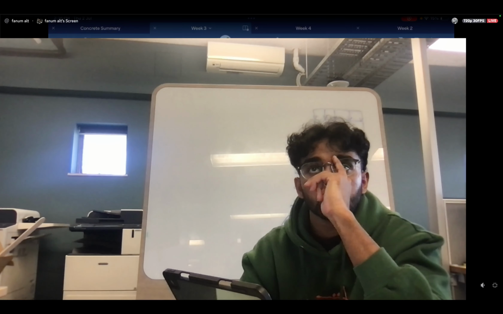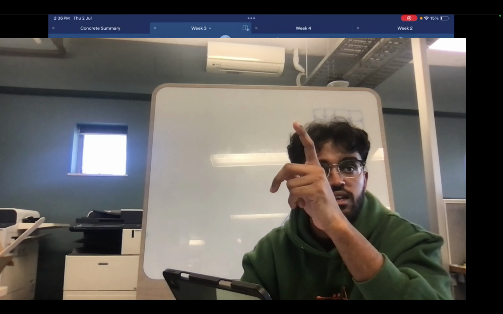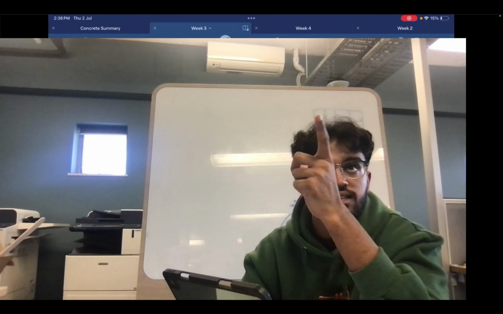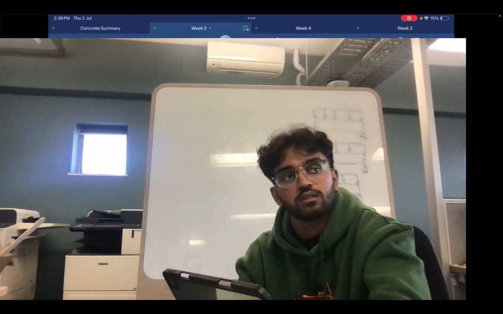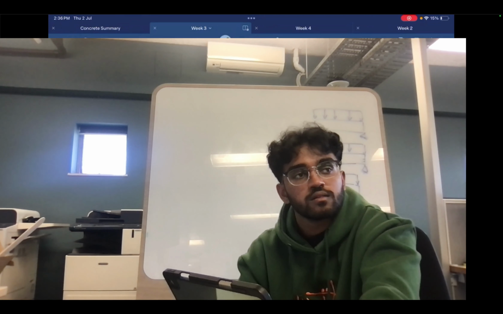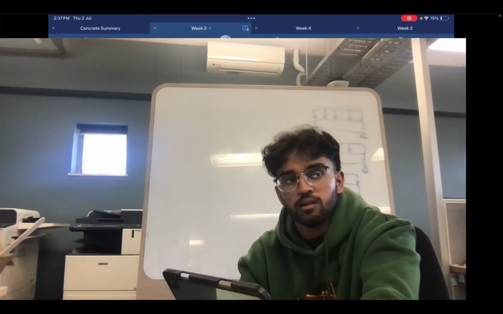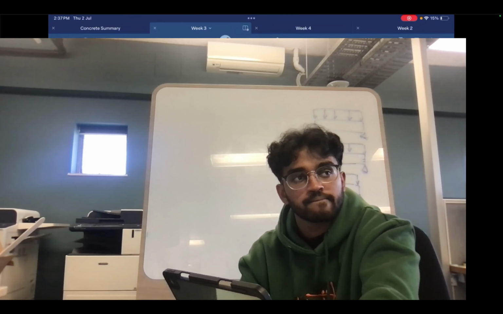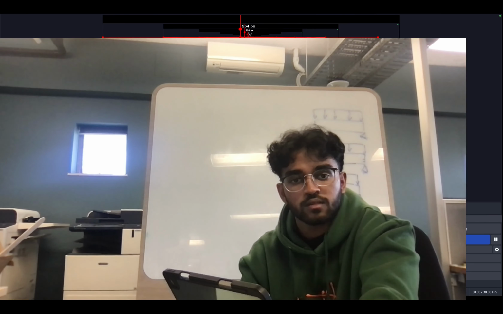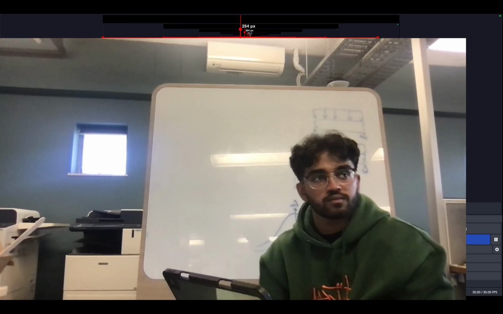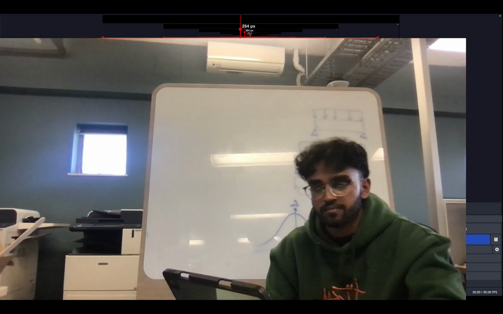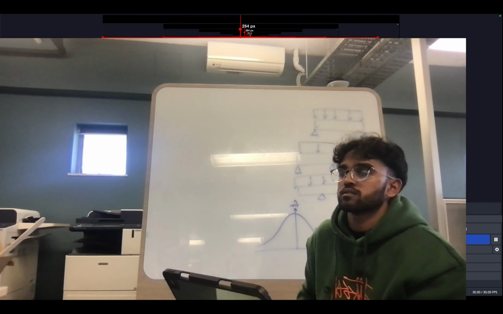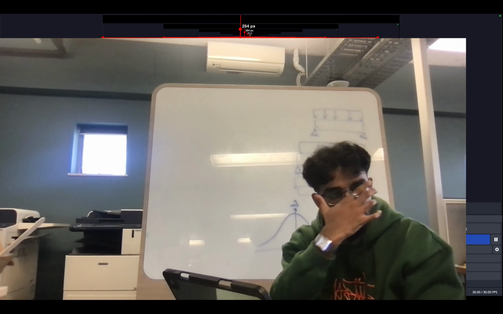It's the compressive strength at 28 days. So after your concrete is poured, 28 days later, they test the compressive strength of the concrete. Each concrete when it's made has a different compressive strength.